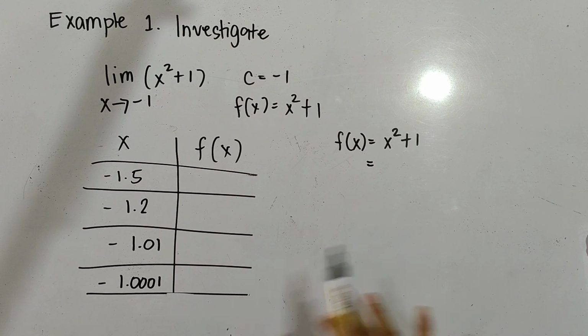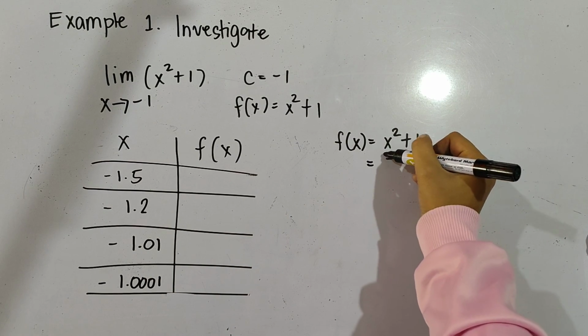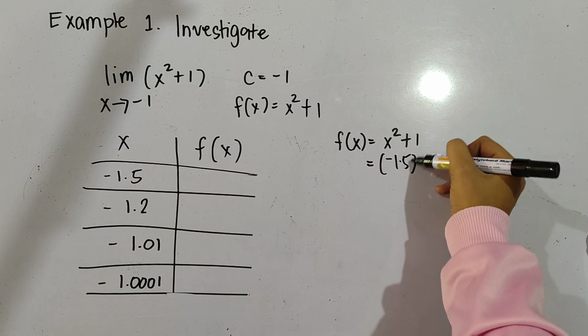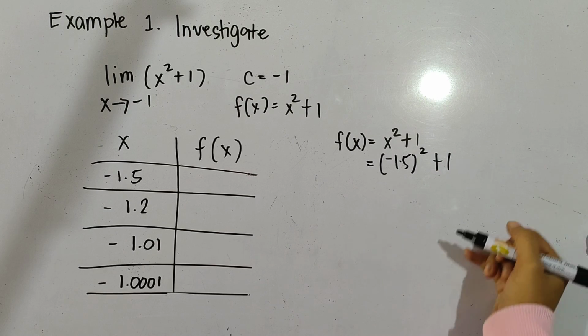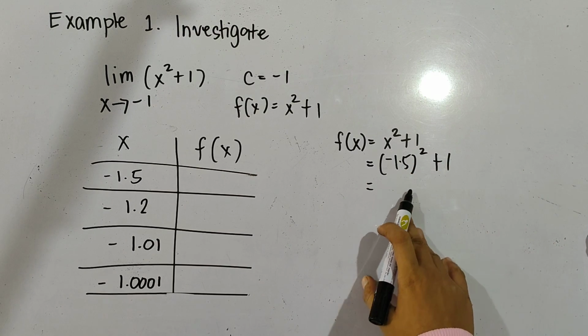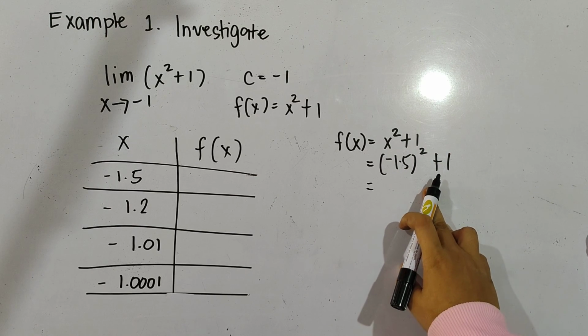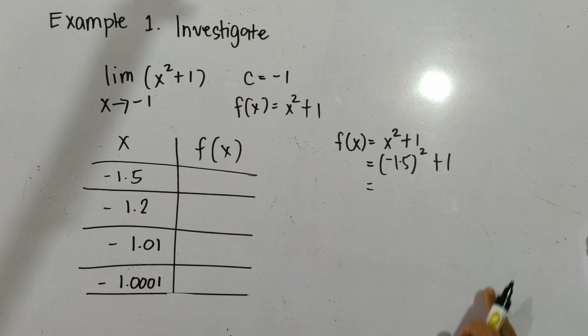Let's substitute all the values of our x. Negative 1.5 raised to the power of 2 plus 1. Negative 1.5 raised to the power of 2 is equal to 2.25.